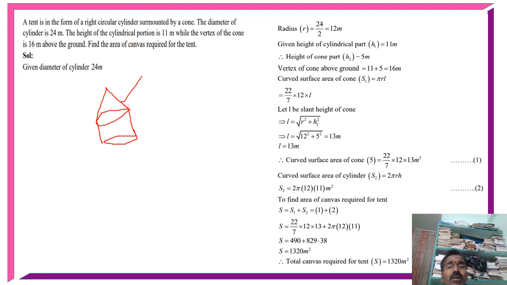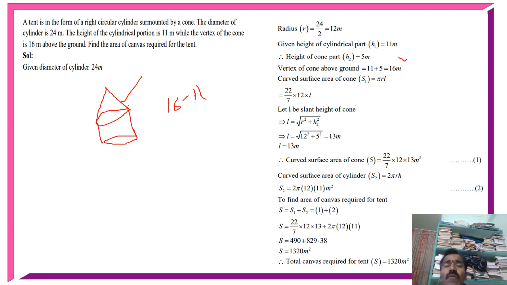Radius is half of diameter, 12 meters, and height of cylindrical part is 11 meters. Height of conical part is 5 meters. 16 is the total height, in that 11 is the cylindrical part, so 16 minus 11 because 11 is the height of the cylindrical part, so cone is 5.